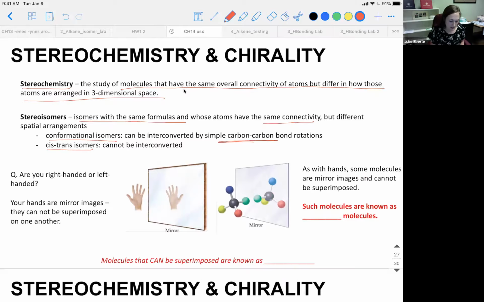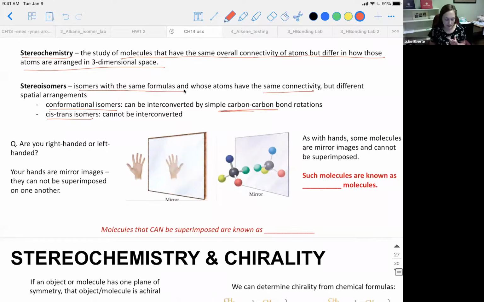So to explain this concept really quickly, who here is right-handed? I'm right-handed. Raise your hand if you're right-handed. Nobody's left-handed? My husband's left-handed. But the point I want to make is that your hands are different if you're holding your hands up. If you hold them up like this, they are mirror images of one another, right?